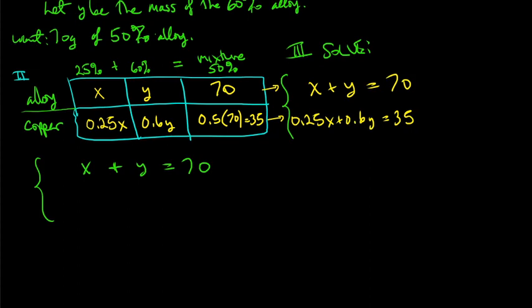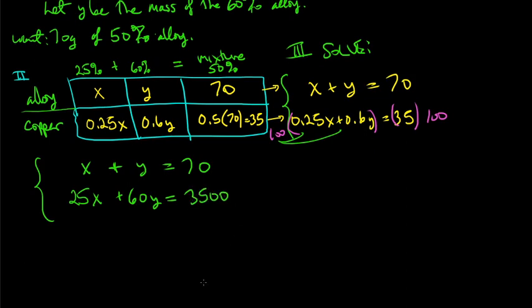Even though it's a little bigger than we need, it's probably the easiest way to get rid of decimals here. So 100 times 0.25 is just 25, times x. And then 100 times 0.6, be careful, is not 6, it's 60, 60y. And then 100 times 35 is 3,500.